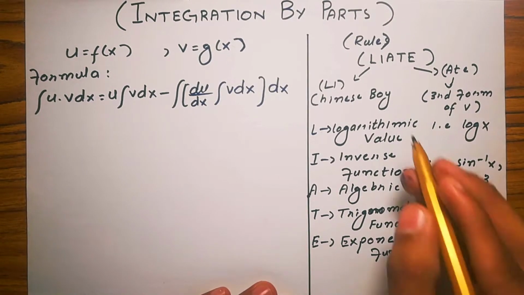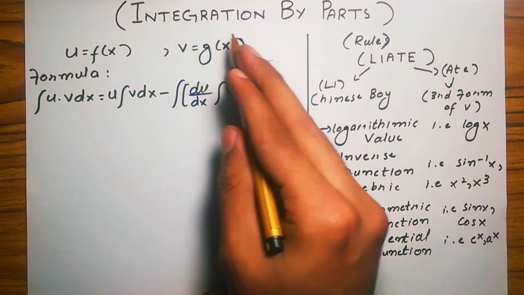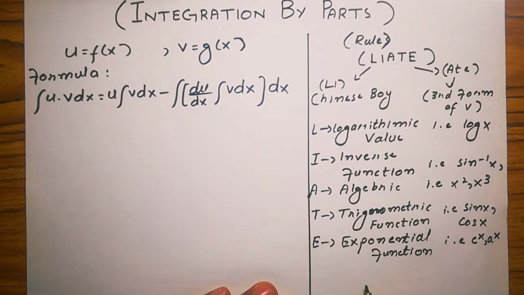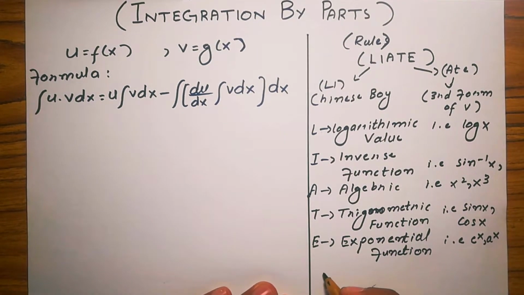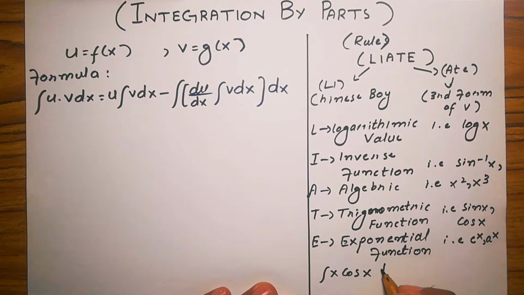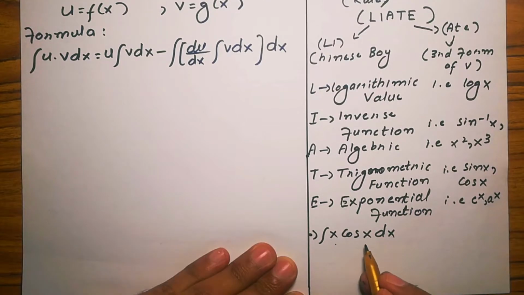So this is the rule that we follow in integration by parts. Suppose we have x cos x dx. In this, first of all we will write which category each of these two functions belongs to.